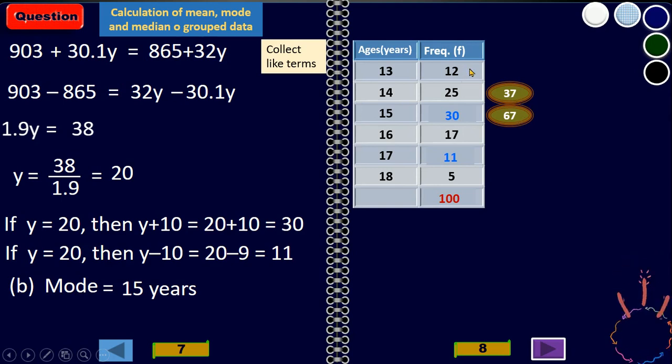Now, for the first two classes, we have 37 as the cumulative frequency up to this class. Then we're looking for the median number. The middle of 100 is 50. Remember, 100 is an even number, so it should be n divided by 2, where n is equal to 100, so 100 divided by 2 will give us 50. So the median will be in the 50th position.